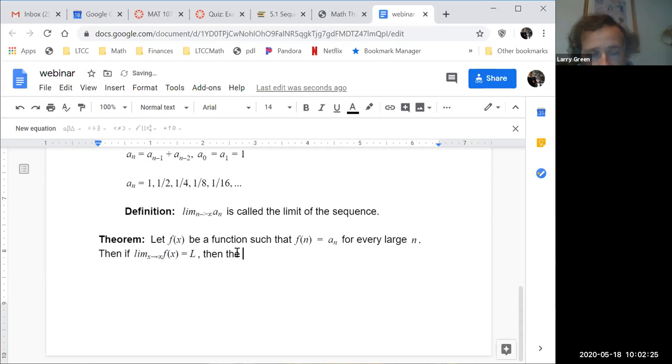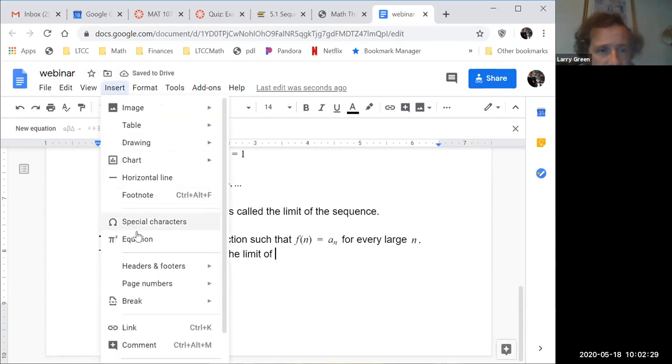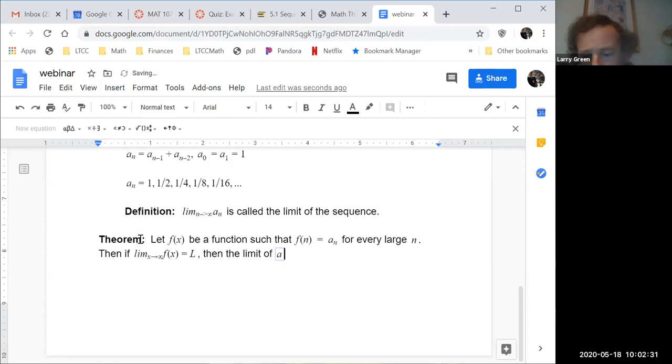Then the limit of a sub n is also L. Any questions on the theorem?